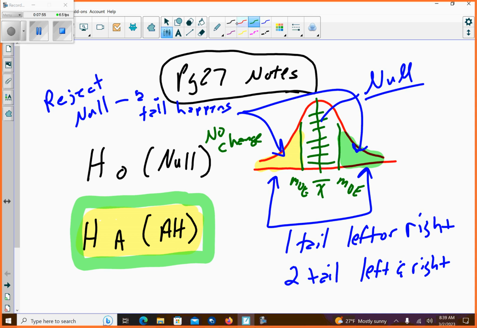If I change the terminology and I say that we fail to reject the null, that means that something's taken place within this region. Okay, or we have evidence that takes place within that region.